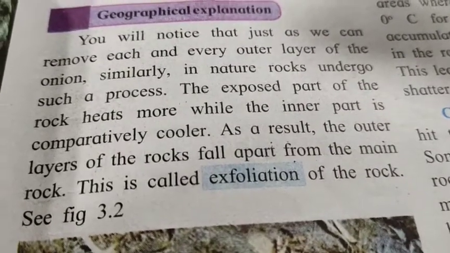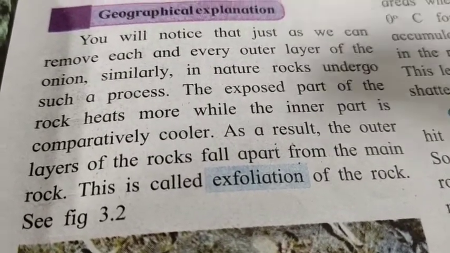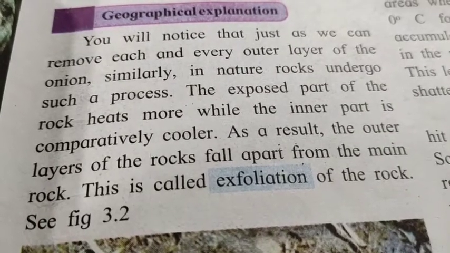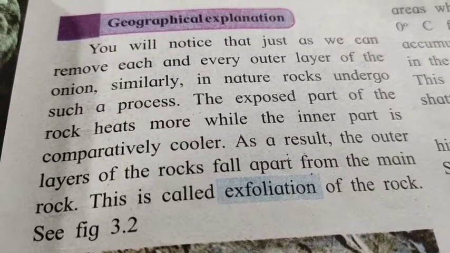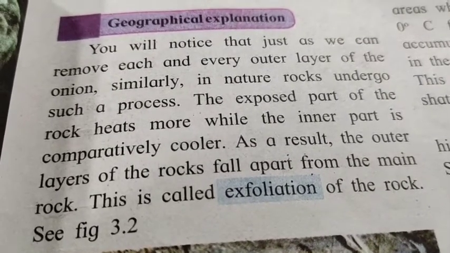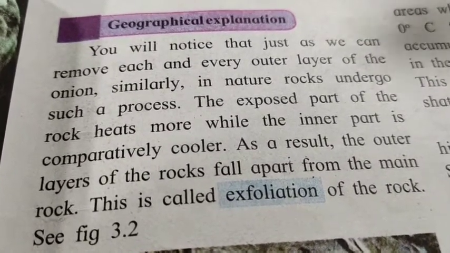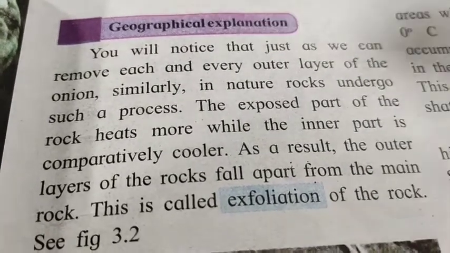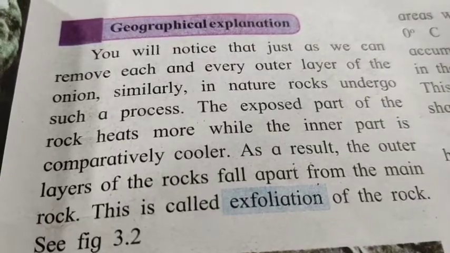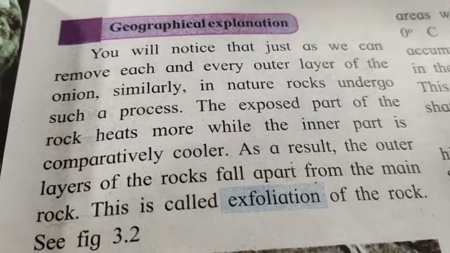As a result, the outer layers of the rocks fall apart from the main rock. This is called exfoliation of the rock. Exfoliation is to remove the outer layer. The removal of the outer layer of anything is called exfoliation.